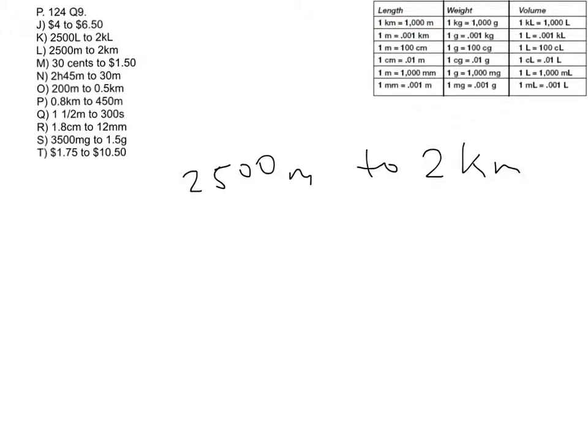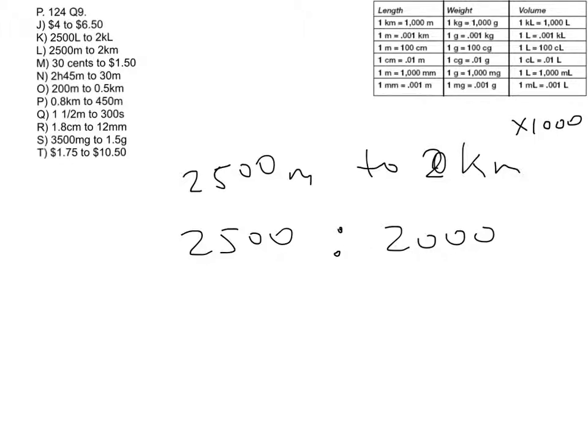So we times the larger measurement by 1,000, so we can get this measurement into meters. So 2 times 1,000 is 2,000. We can leave this as is because it's already in meters. So we can bring it down, and now we can put this as a ratio.